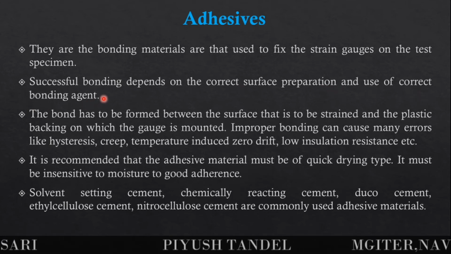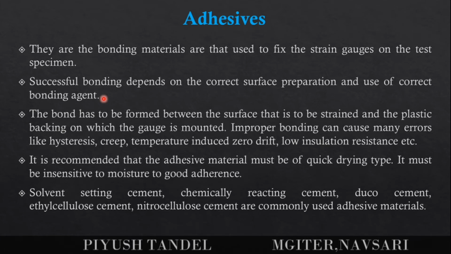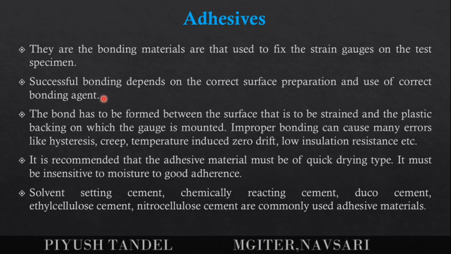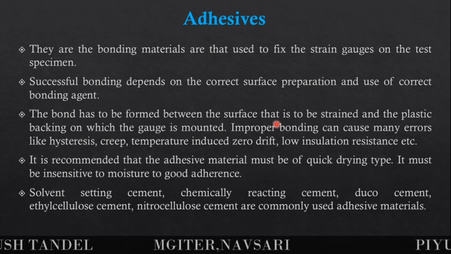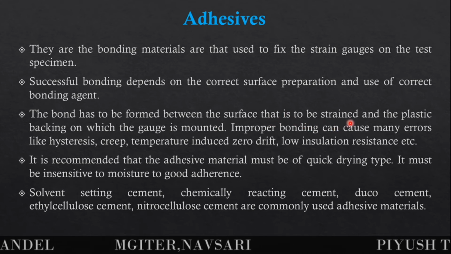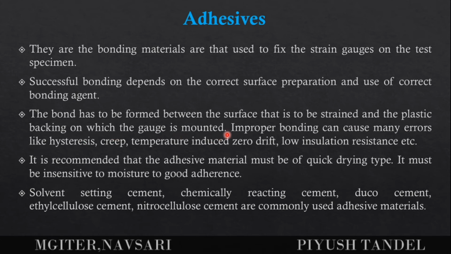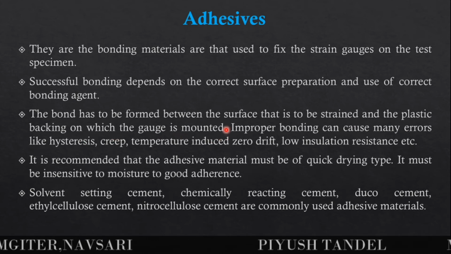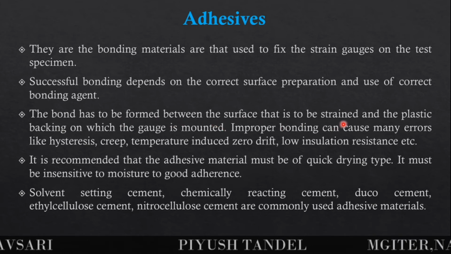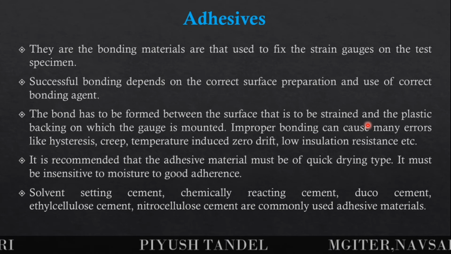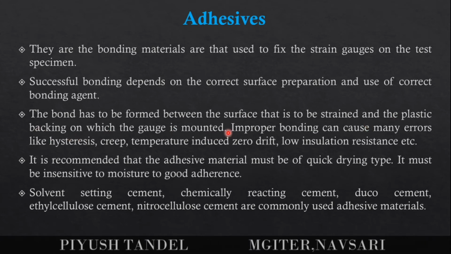So we are bonding our resistance wire with the backing material with the help of adhesives. The bond has to be formed between the surface that is to be strained, that is our resistance wire, and the plastic backing on which the gauge is mounted.